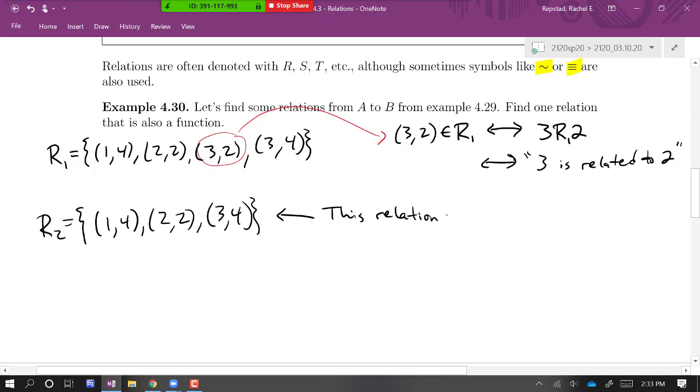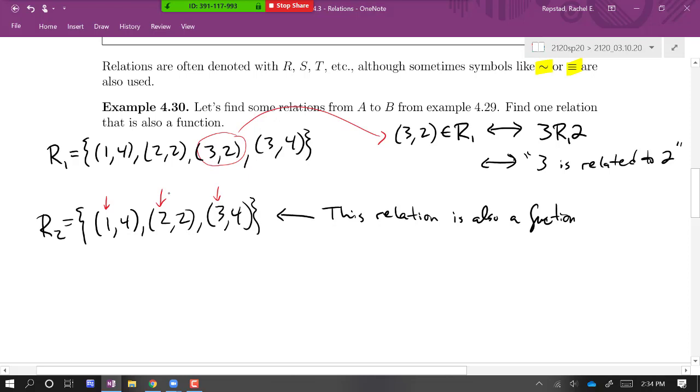Can anybody point out why I know that? Because there's no shared first coordinate, yeah. If I made another relation that was just (1, 4), (3, 4), that would also be a function.